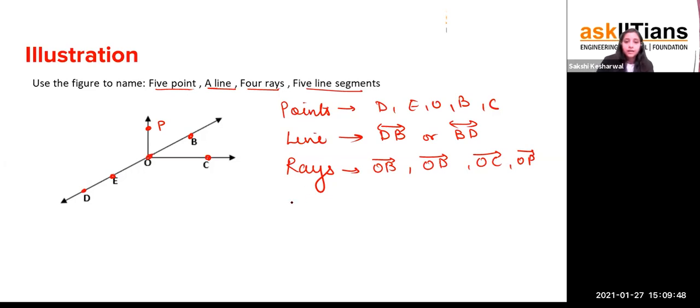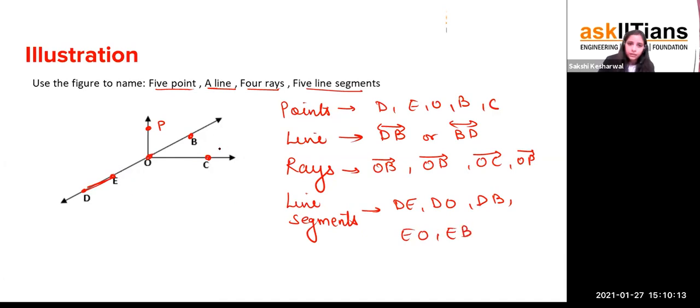Now it says 5 line segments. What will be the line segments? You will get questions like this. How many line segments do you get? DE, now DO. I'm taking the D point as a fixed point. Now DB. Now take EO, EB, from E. Now you take OB, this is a line segment.